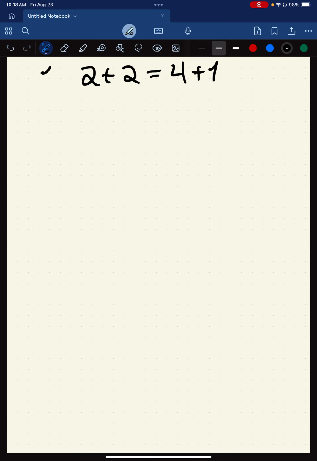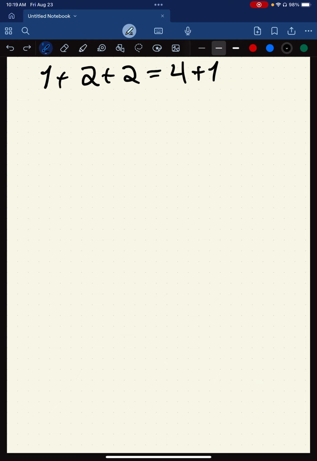Well, on the left side we have 1 plus 2 plus 2, which is 5. And on the right side, we have 4 plus 1, which is 5. So interestingly, whenever we add something to both sides, it's equal to the same thing. So if we start with a true expression and add something on both sides, then the expression remains true.